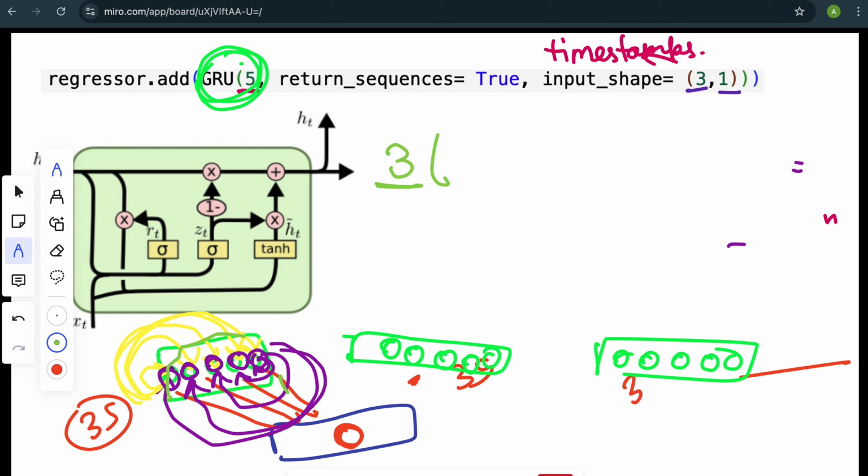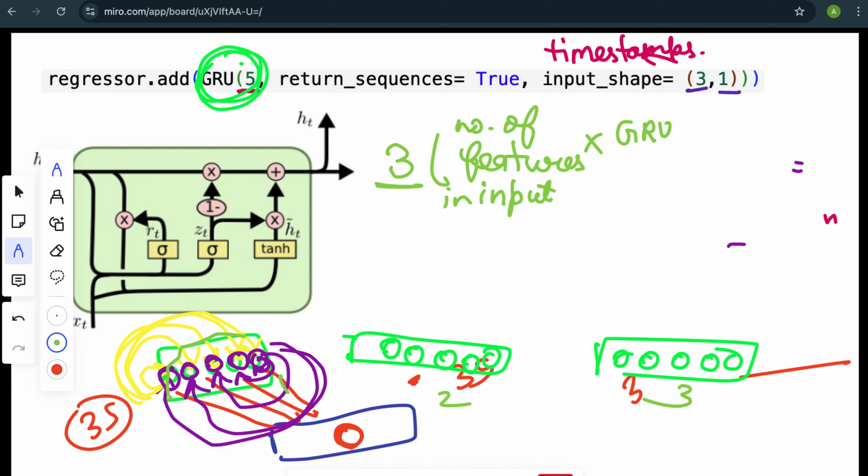We have one box, second box, and third box. And then we will have the number of features in input multiplied with GRU nodes. Then we have GRU nodes connecting with itself only, so GRU nodes times GRU nodes.